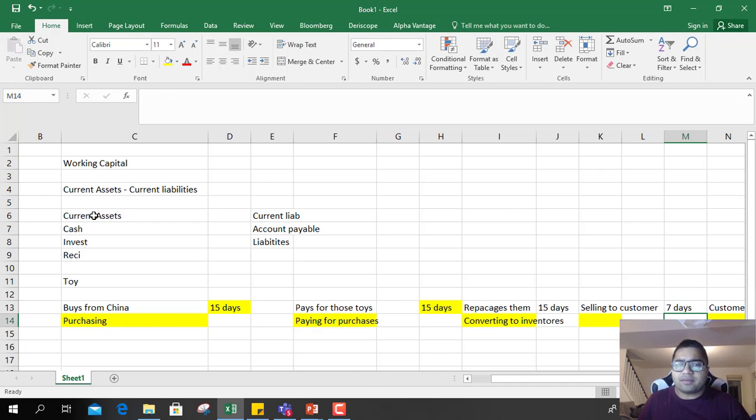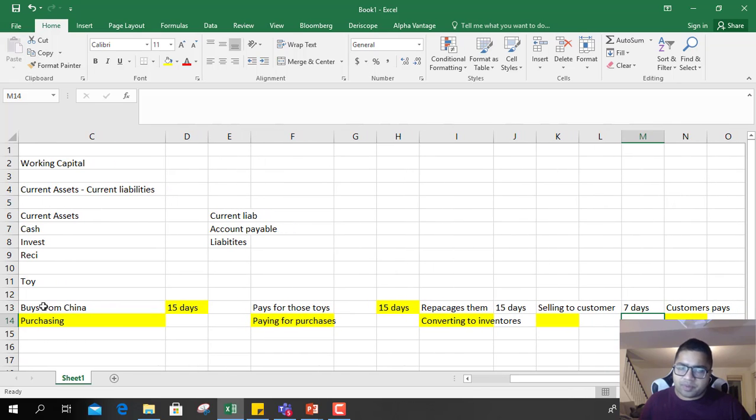So what is happening? A Canadian toy company buys product from China. It gets 15 days to pay for those products. Then it takes 15 days for them to arrive and be repackaged, that is, converted to inventory. It takes 15 days to sell to the customer, and after 7 days the customer pays.